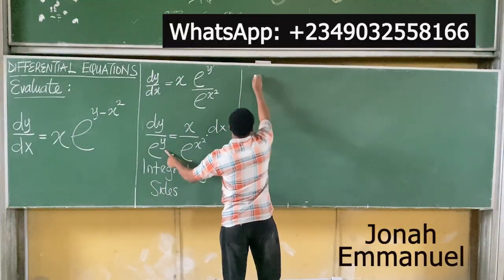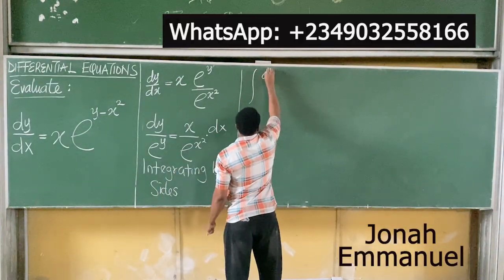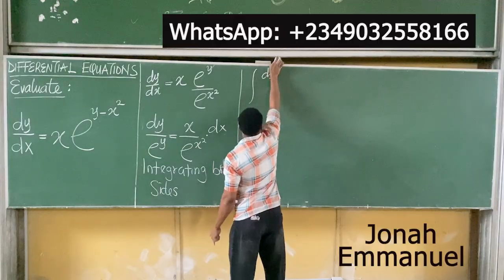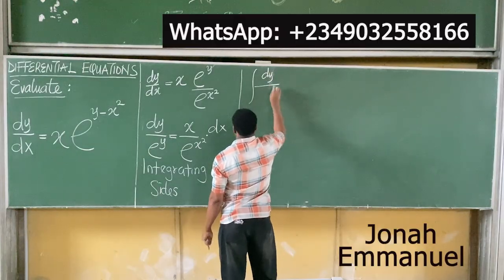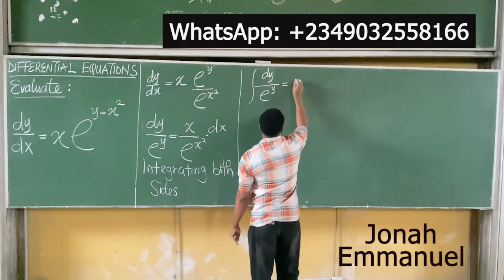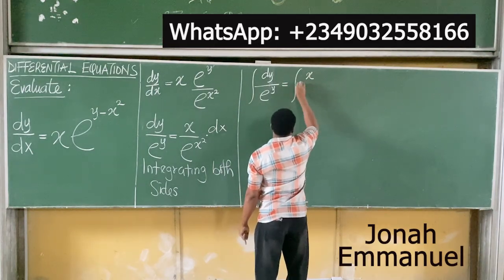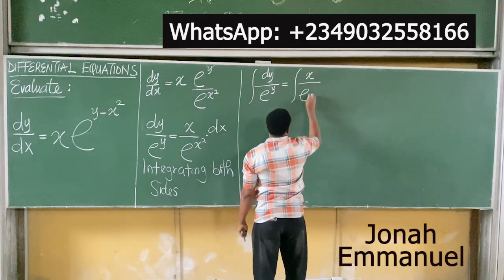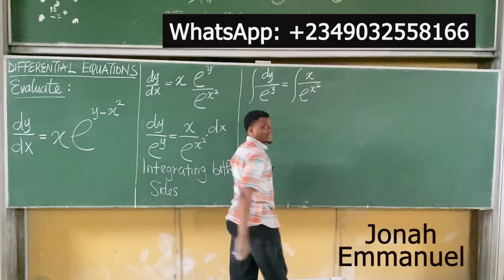You have this: the integral of dy all over exponential y is equal to the integral of x all over exponential x squared. You have this.